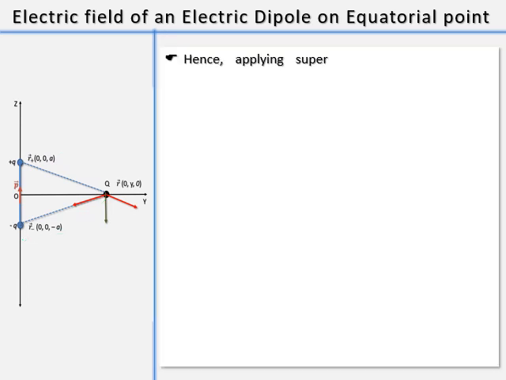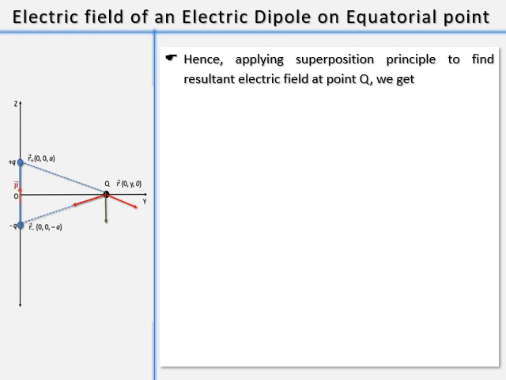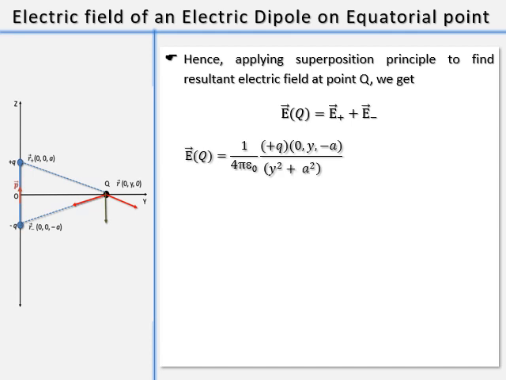So if we consider the whole procedure once again without displaying any mathematical part, what we have done is we applied the superposition principle and we added two electric fields considering their directions. So we took the vector sum of two electric fields. The first term is indicating the electric field due to the positive charge.